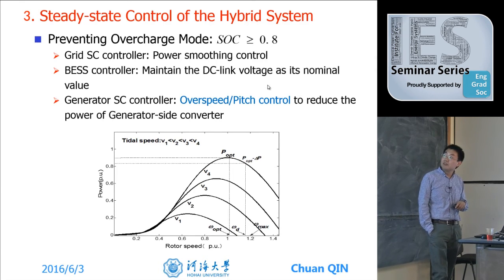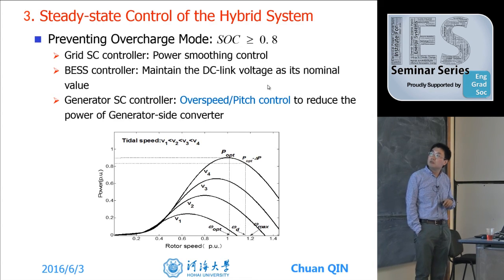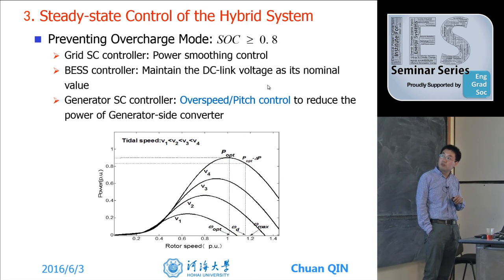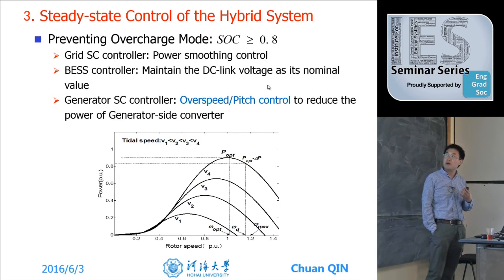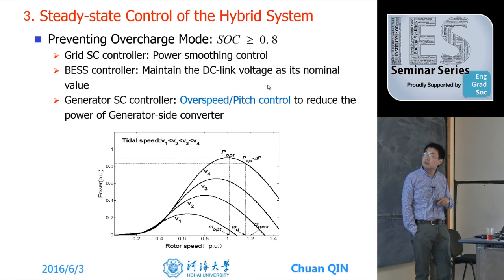And the second is the preventing overcharge mode. The control objective of the grid-side controller is also power smoothing control, and the BES control is also the same as before. But when the battery is about to be overcharged, it means that we should reduce the output power of the generator side converter.